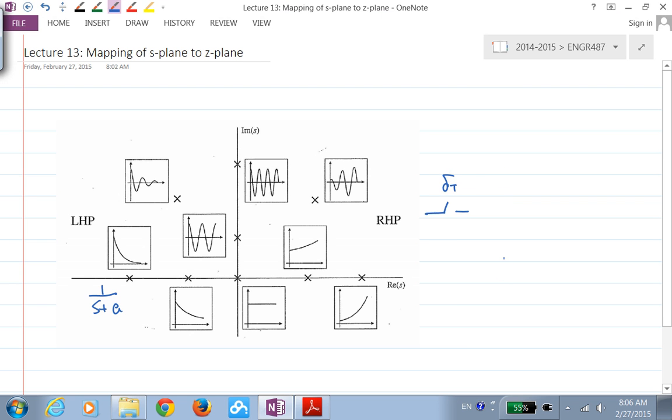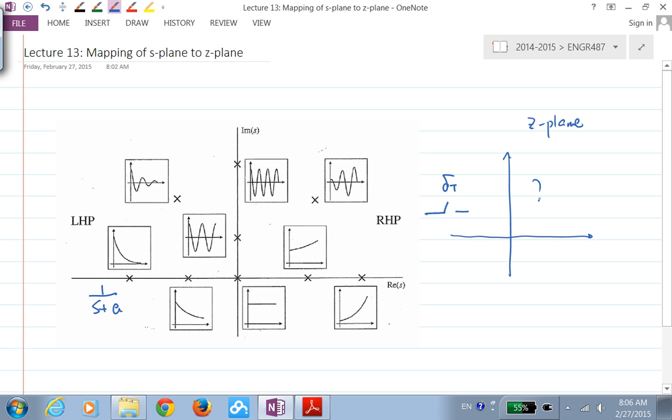So the question is, how does the system respond in the Z-plane, and where is the pole mapped to in the Z-plane? That's the idea of this lecture.